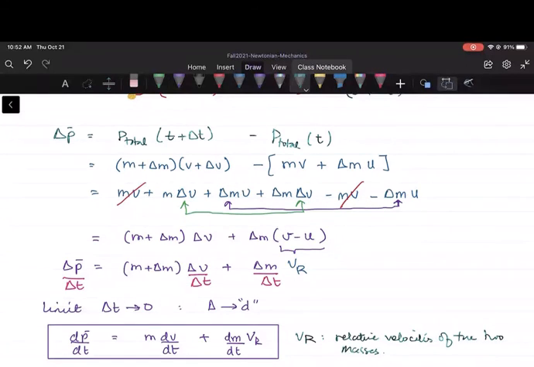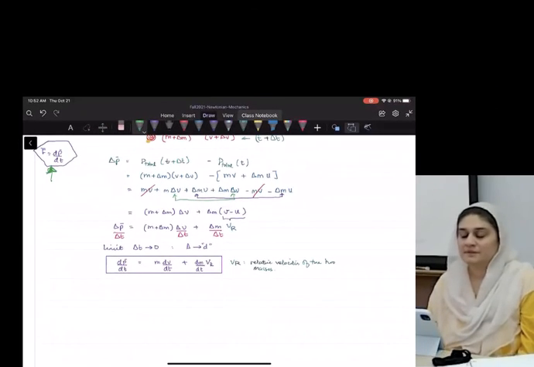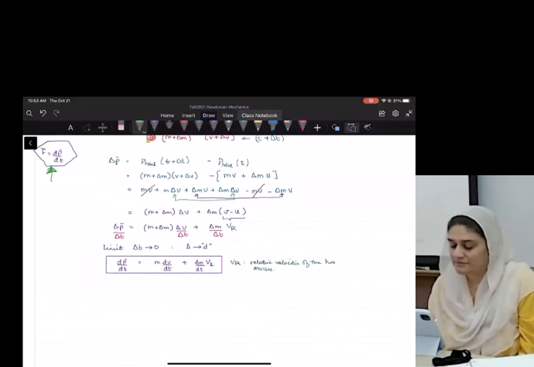So far, so good? What were we looking for? That. So what's on the left-hand side?